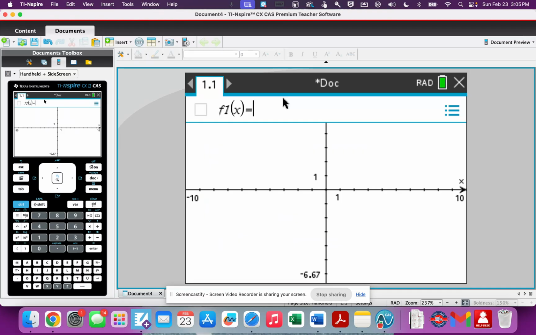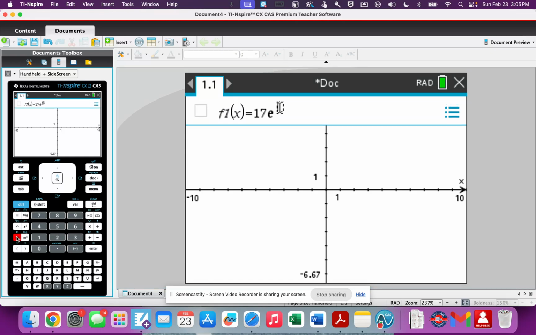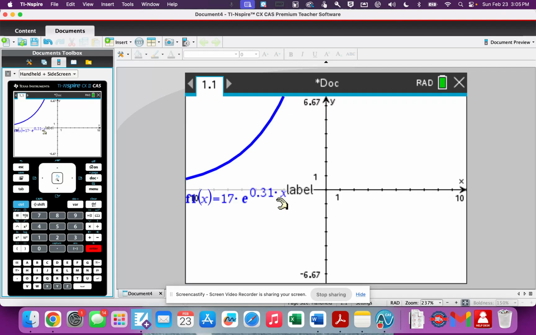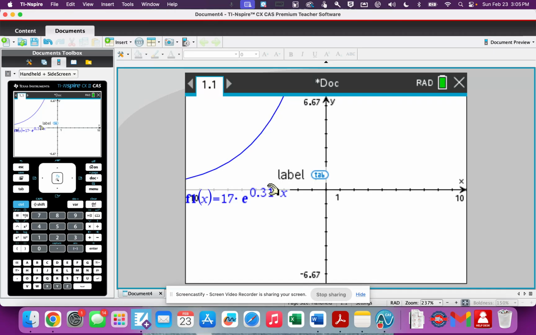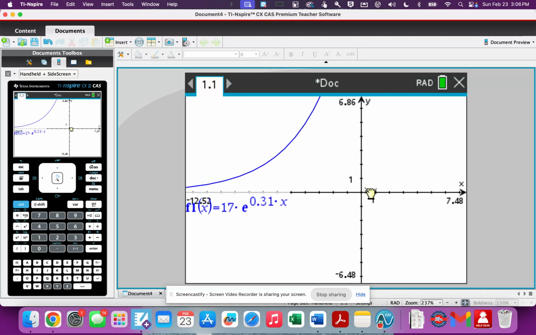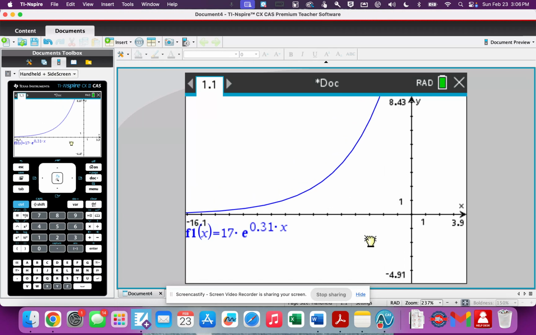And it is 17. e is already on the calculator, already automatically comes with an exponent that you need to fill in. And just remember that you hit enter. After that's done, here we go. Just move that over a little bit so I can actually see it.